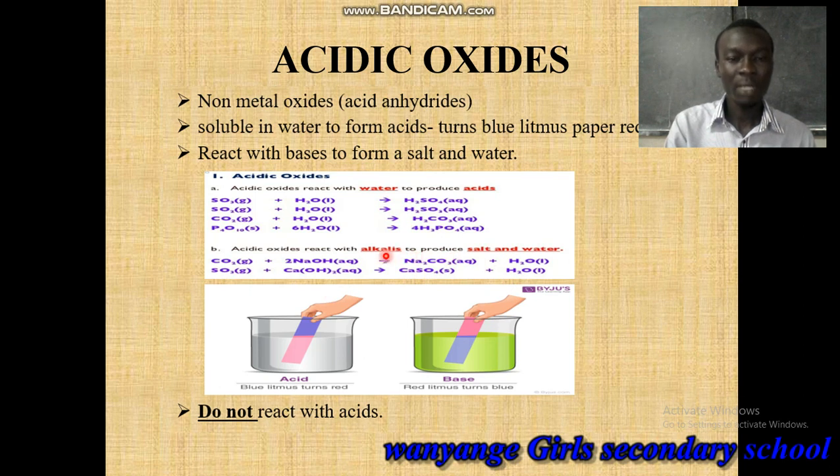But this is very important to note. Acidic oxides plus alkalis, you form a salt and water. Basic oxides plus acids, you form a salt and water. Very simple thing to master. And again, please note that acidic oxides do not react with acids. They are of the same category. They cannot react, please.